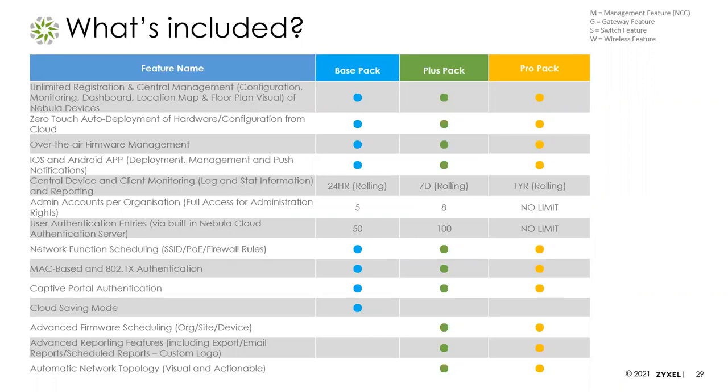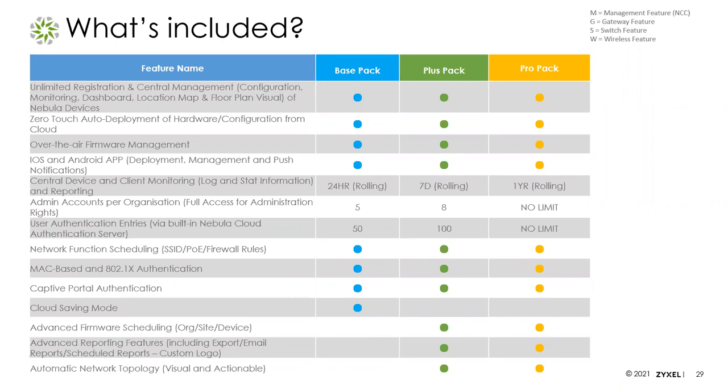But again, free cloud or cloud management applies to all of them, unlimited devices, unlimited organizations, unlimited sites, available in any different method here. All of them have our zero-touch auto deployment where they automatically will switch into cloud mode if you want to manage them in cloud mode. You don't have to do any local configuration if you're doing that.